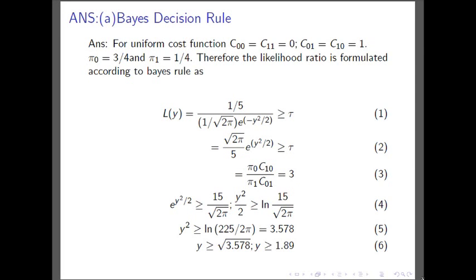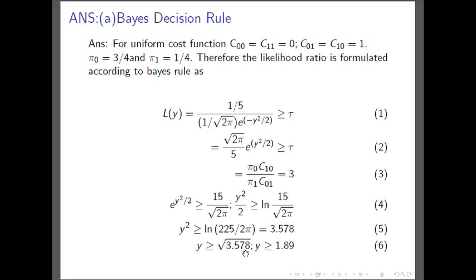From the given specifications, the likelihood ratio is formulated according to the Bayes rule as L of y is equal to 1 by 5 divided by 1 by root 2 pi into e power minus y square by 2, greater than or equal to tau, where tau is given as the ratio of pi naught divided by pi 1, which is equal to 3 in this case.